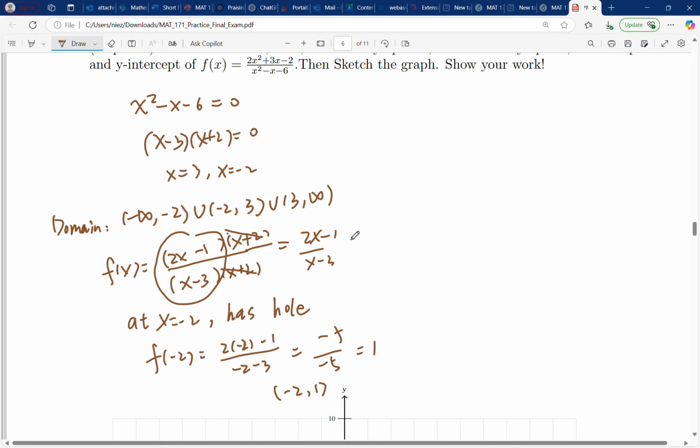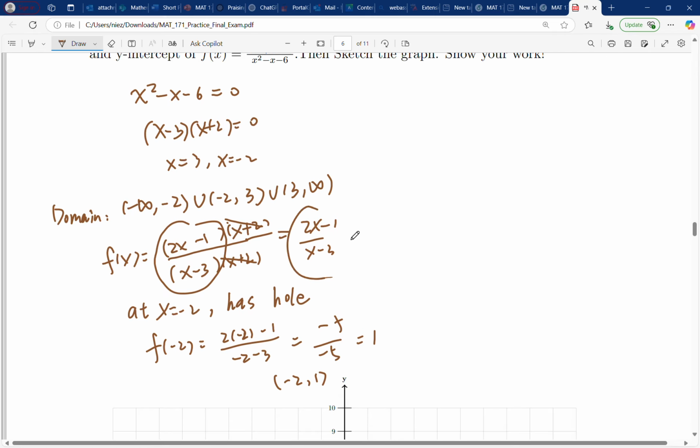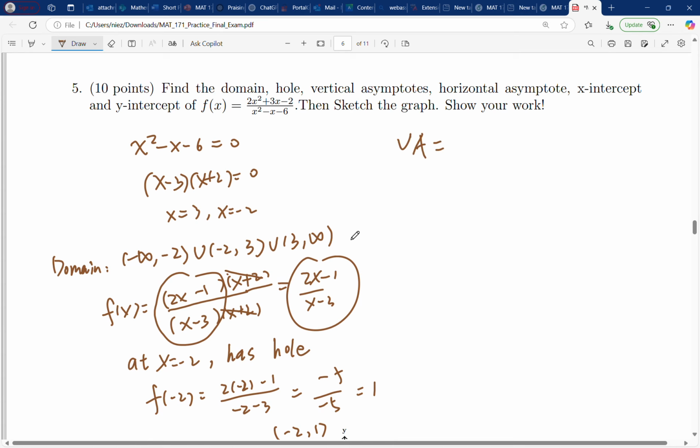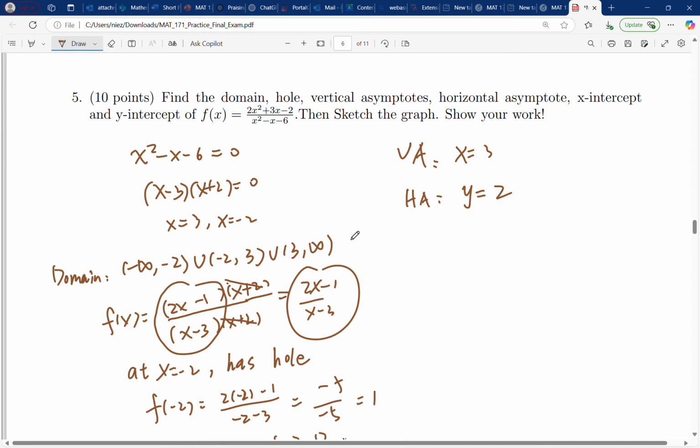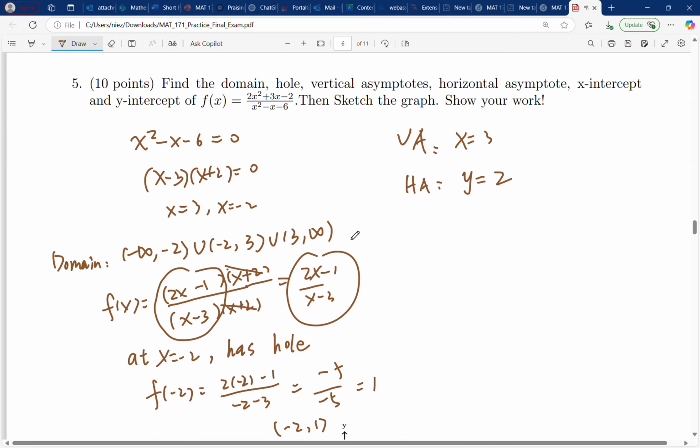Asymptote, right? For the vertical asymptote, you need to use the simplified form. So the vertical asymptote is going to be x equal to 3. Horizontal asymptote, you need to compare the degree of the numerator and the denominator, right? They have the same degree, so the horizontal asymptote is equal to the ratio of the leading coefficients. And the x-intercept, that means you let the function equal to 0.